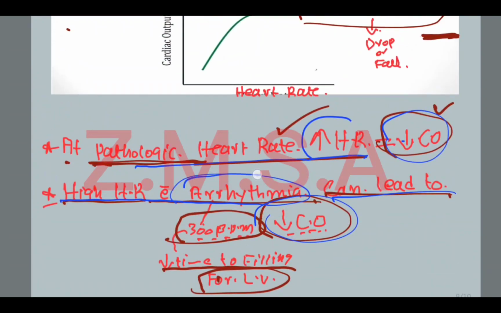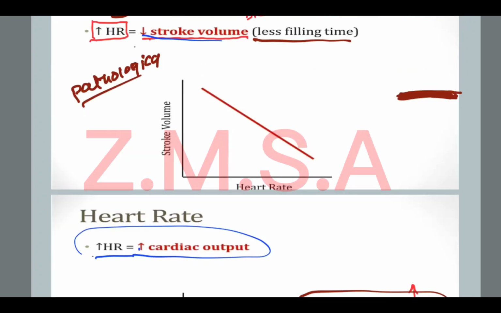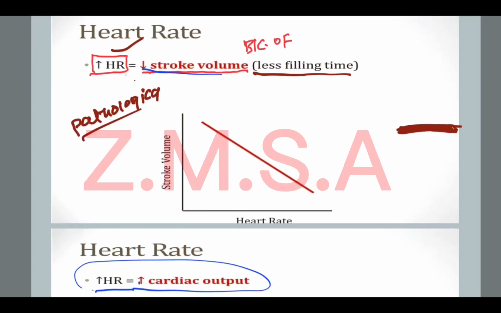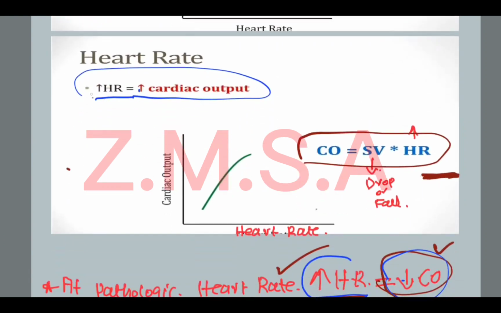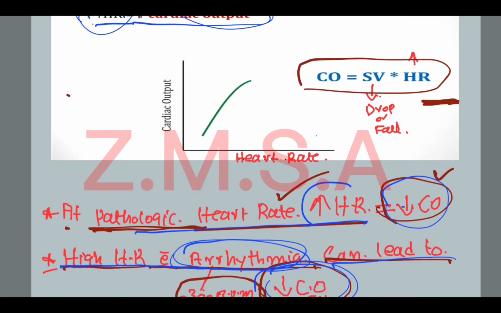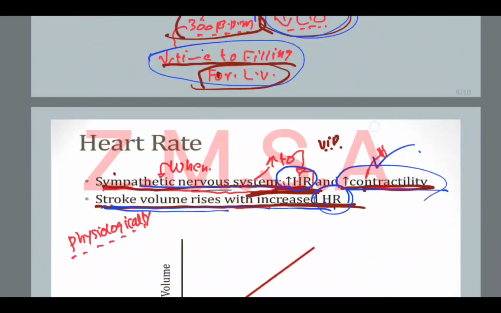But in pathological arrhythmias, the time for filling of the left ventricle decreases, so cardiac output decreases. Here is the diagram: increased heart rate, decreased stroke volume, less filling time. This is pathological. The physiological case is that cardiac output equals stroke volume multiplied by heart rate.